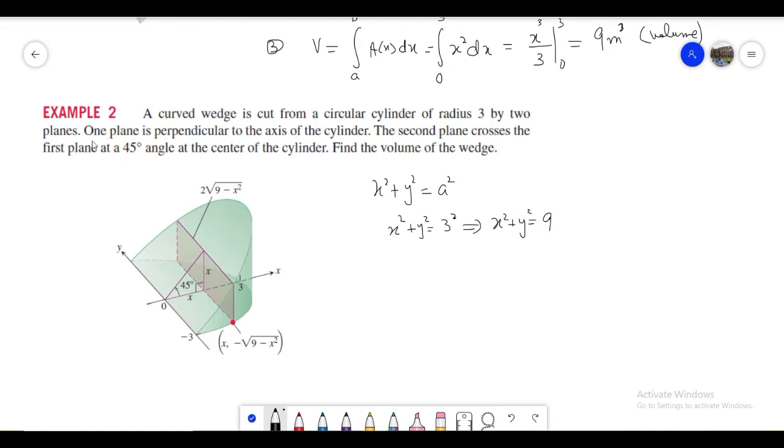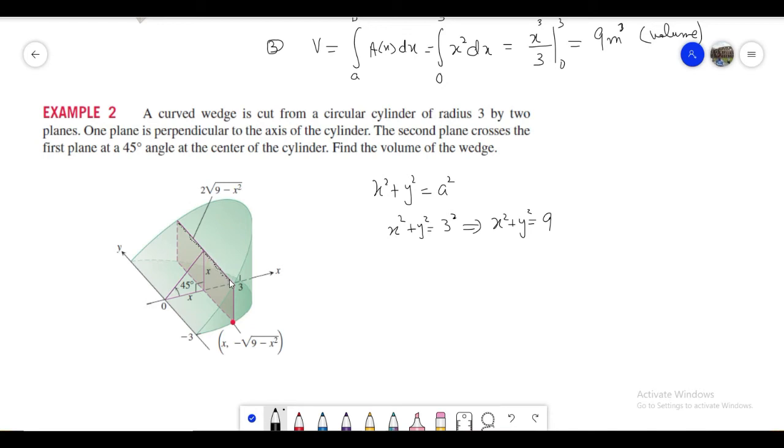By the two planes, the one plane is perpendicular to the x-axis of the cylinder. So this is basically the cylinder, and the one plane, which is represented by this purple color, is the plane which is perpendicular to the x-axis, where I'm putting some dots.